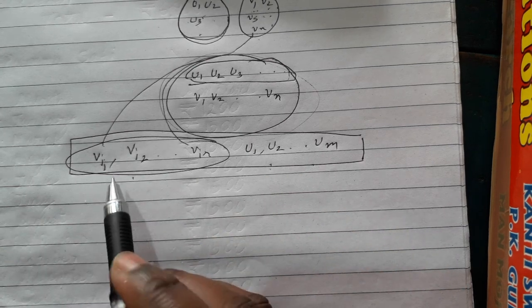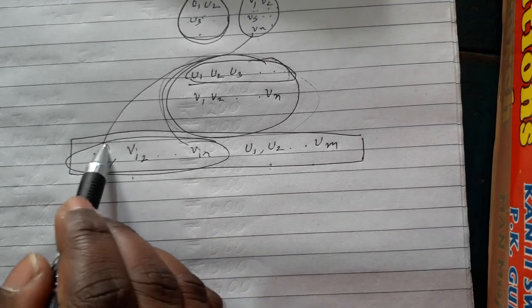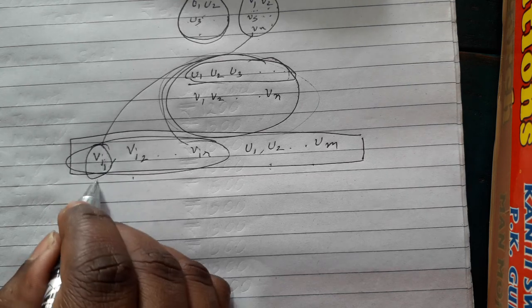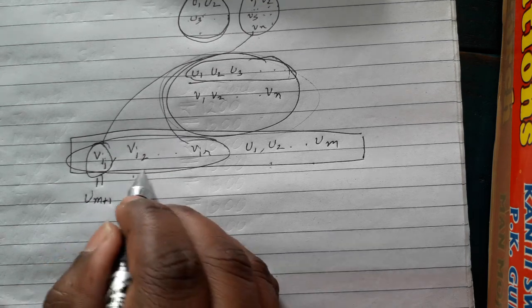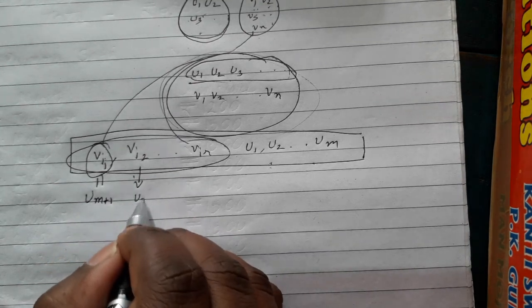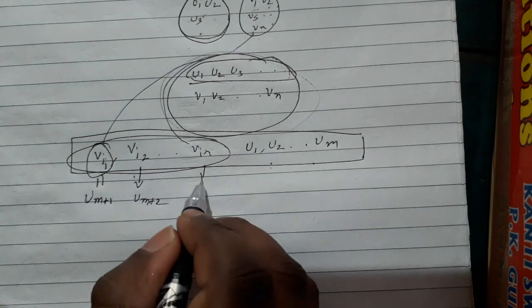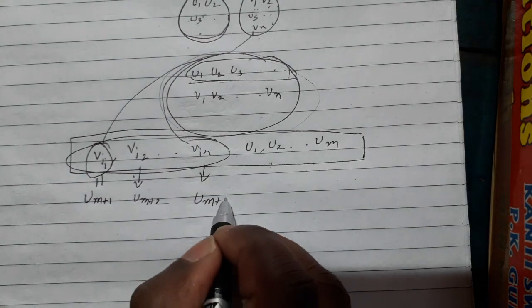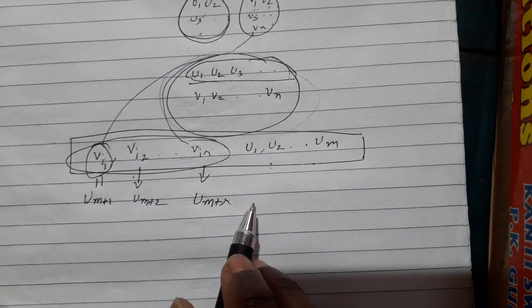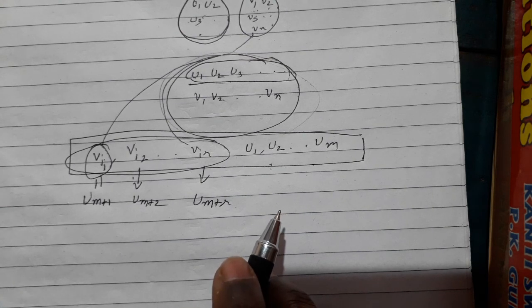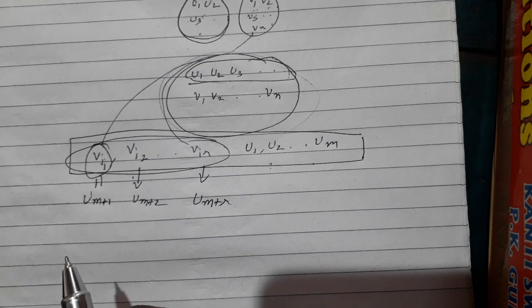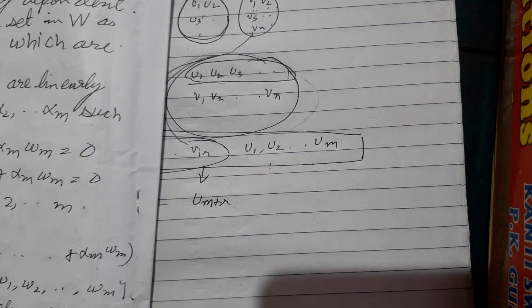In particular, we take v_i1 as u_(m+1), v_i2 as u_(m+2), and so on till u_(m+r). So this becomes a basis for the vector space. If we have a linearly independent set, we can construct a basis which can span the whole vector space. Hence the theorem. Thank you.